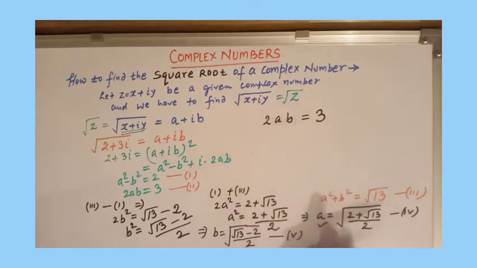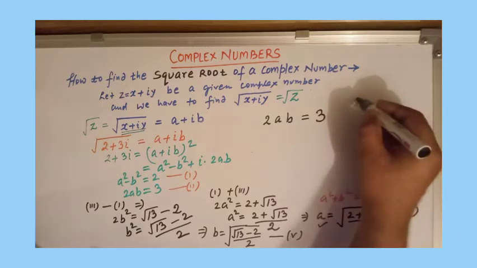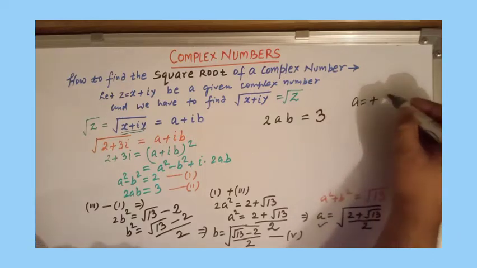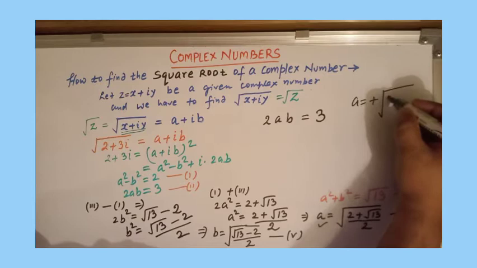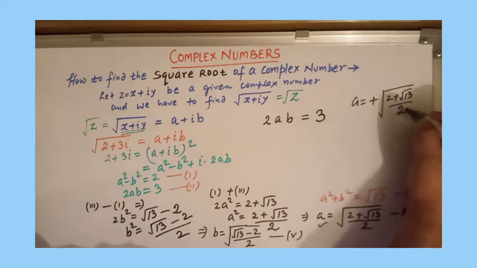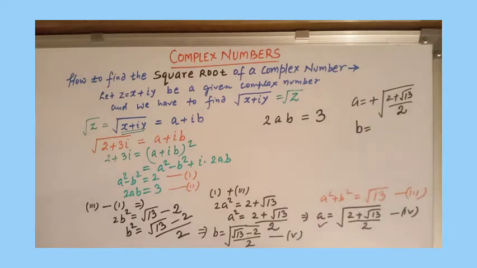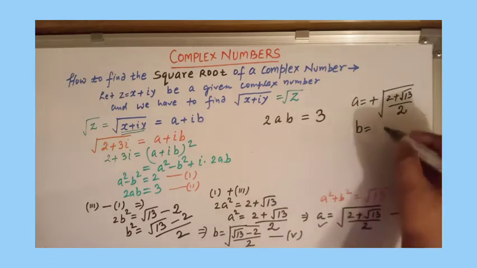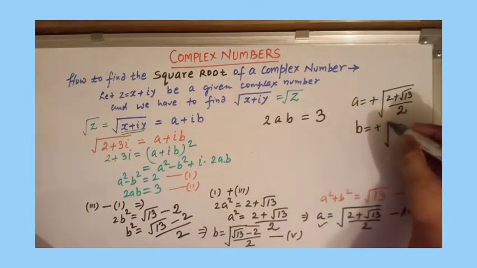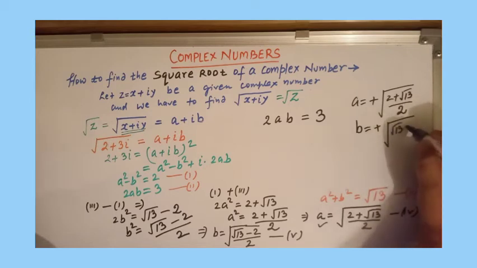Now here we can take the value of a as plus square root of (2 plus square root of 13) divided by 2, and the value of b we'll take the positive sign, square root of (square root of 13 minus 2) divided by 2.